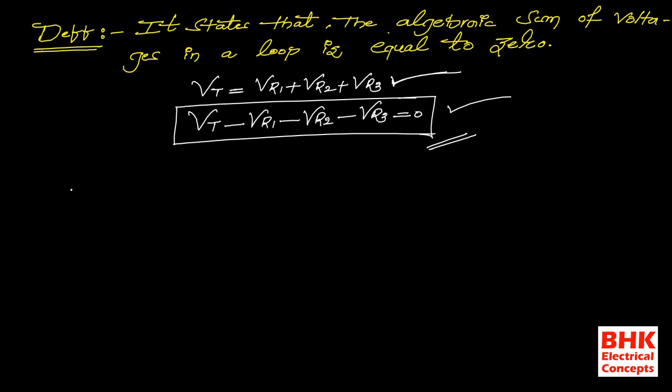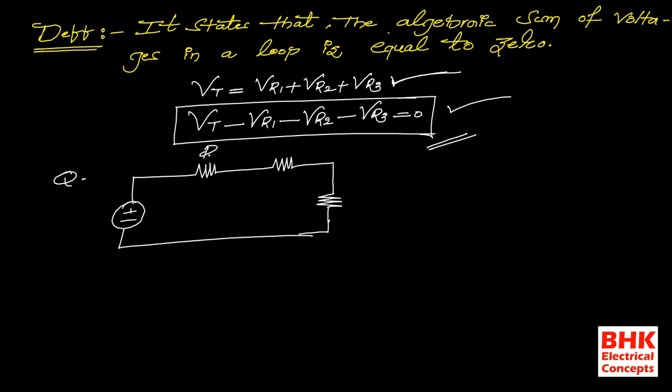Now for example, we have one network like this, and we are applying some voltage here. This is R1, this is R2, and this one is R3, and we are applying a voltage equal to 10 volts. For example, this is 1 ohm, this is 2 ohm, and this is 3 ohm.